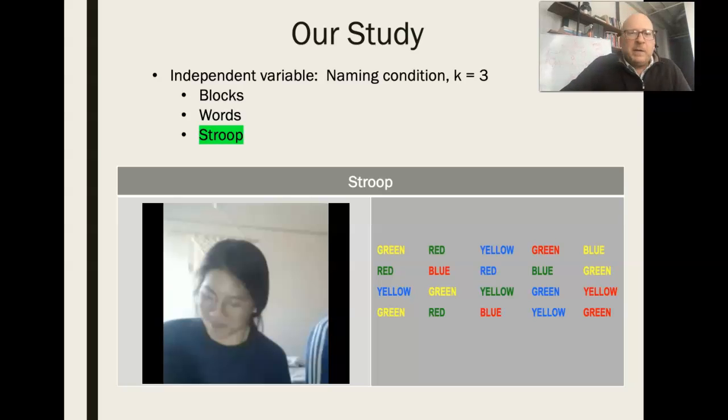So I'm kind of glad she got the Stroop condition. Stroop had his test with the ink not written in a different color than the word it spelled. Well, that's hard to say, but I'll explain that to her as well so you can hear it again. But anyway, let's see how she does.